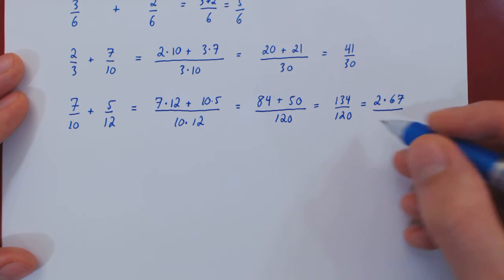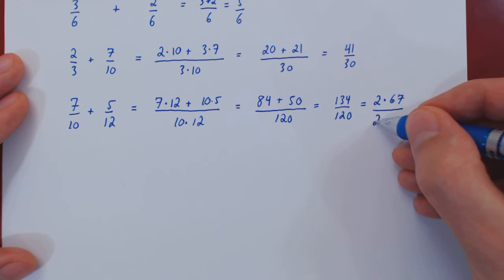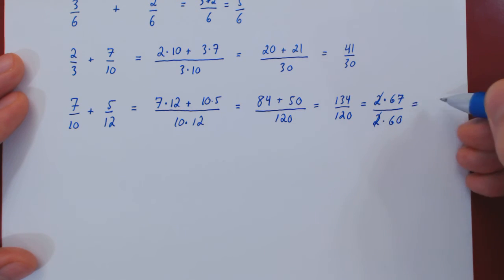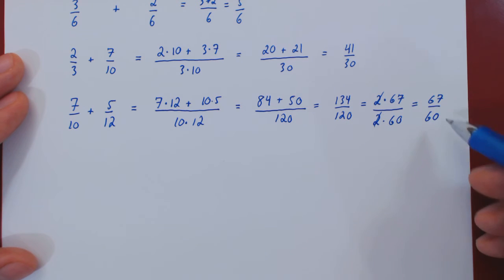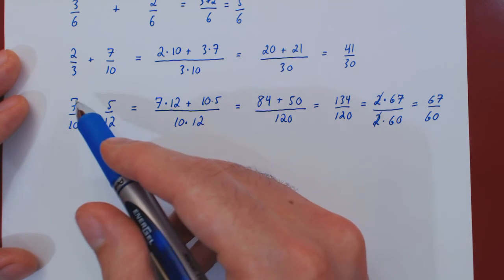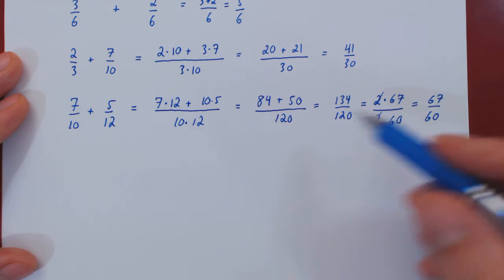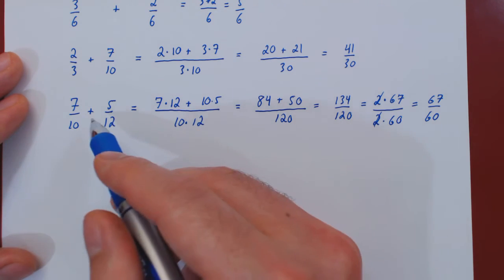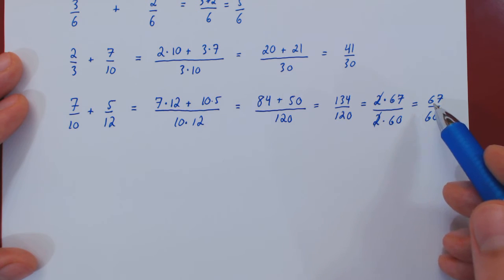And obviously, 120 is 2 times 60. We can cancel 2. And so the reduced fraction is 67 over 60. So if you perform 7 over 10 plus 5 over 12, the answer is 67 over 60. But this, I claim, is a rather lengthy solution.